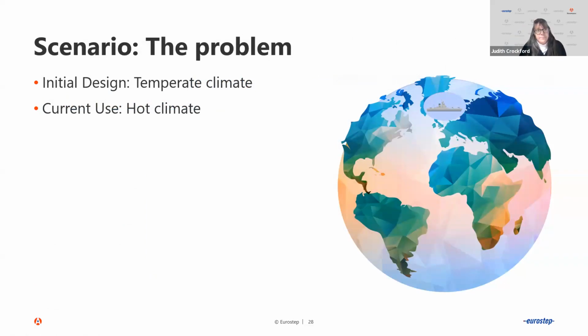Just to set the scene, imagine that we have an initial design, we're in the frigate design business, and we've designed some frigates for working in a temperate climate. And they're currently in a hot climate.